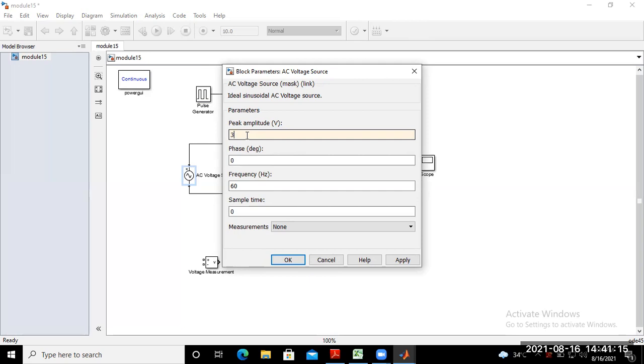Okay. 324.3, phase is 0, frequency we consider 50 hertz, and okay.